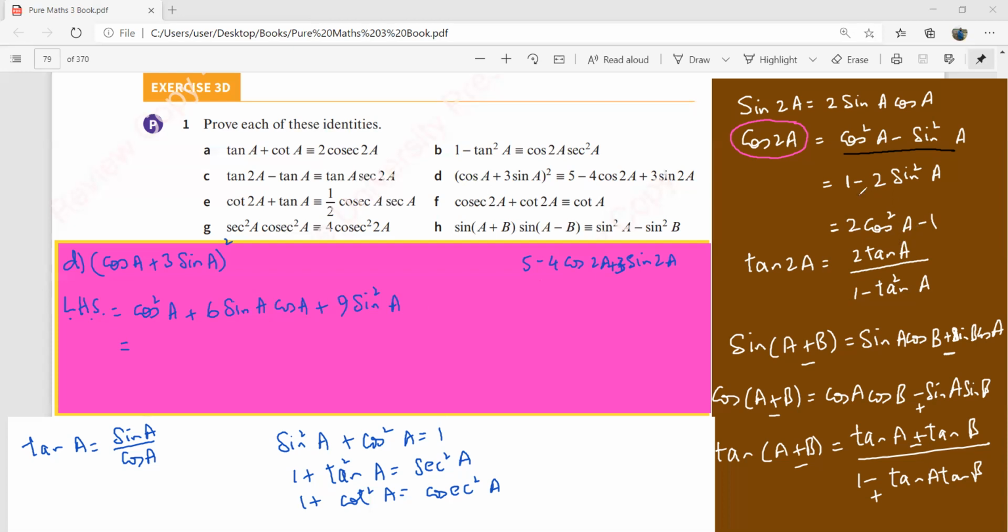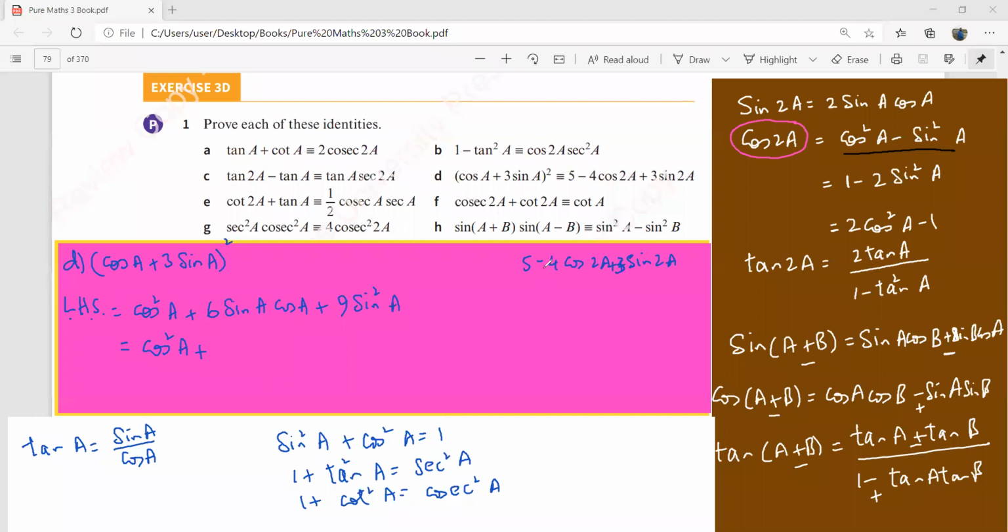If I change that with 1 minus 2 sine square a, I have 9 minus 18. Okay, let's try this. This is cos square a. Okay, and then I should have the sine square a thing with me. I'll be picking one. Just a minute. Yeah, because I have to have five.